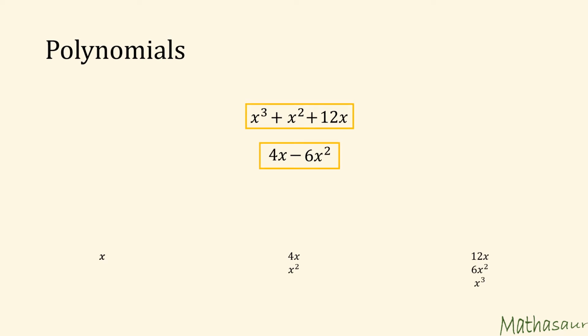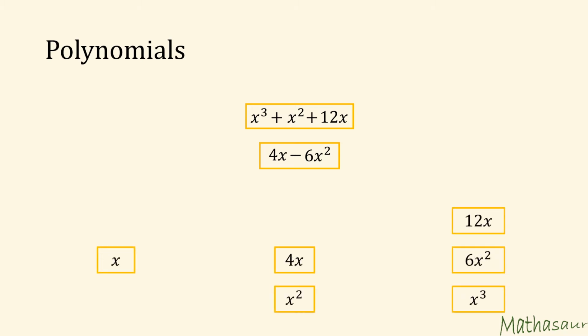Now when we are arranging these terms in this way, they are forming polynomials. So x cube plus x square plus 12x is a polynomial. Similarly, 4x minus 6x square is a polynomial. You can form any combinations of such terms and put the signs for plus and minus to form polynomials. Now the terms themselves are polynomials as well.